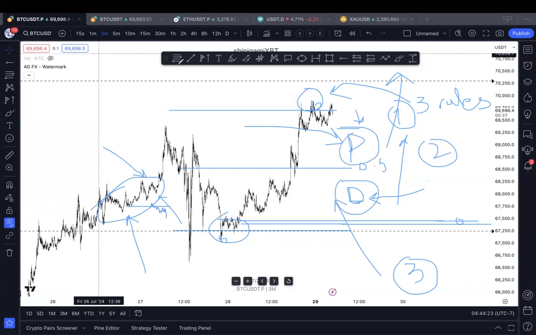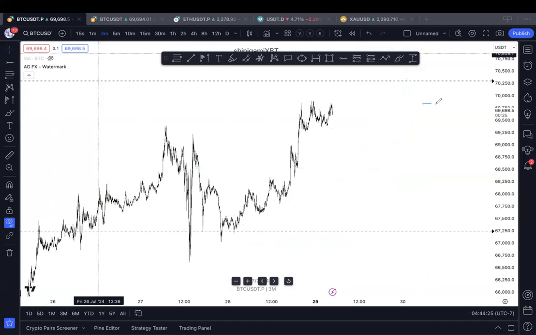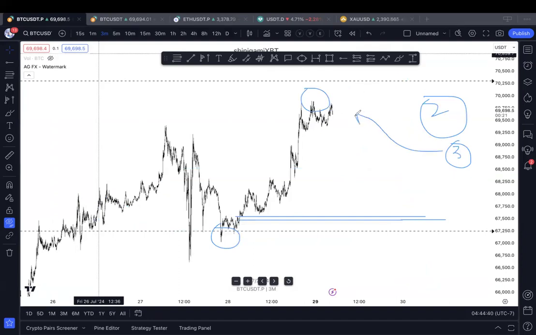Okay, now that we have covered two of the three rules, the extreme, the POI, and the swing points, the third is to observe what current market price is doing. And what is current market price doing right here? The third point is to always consider what the current market price is doing, which currently, if you look at it, has broken this high and is forming somewhat of a trend for now.